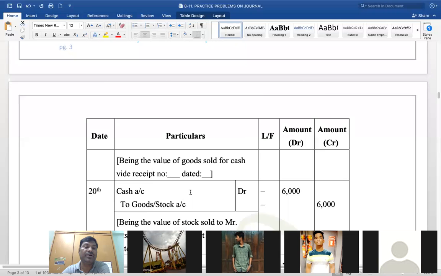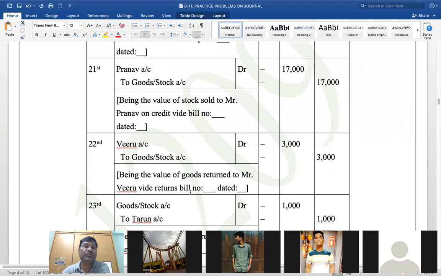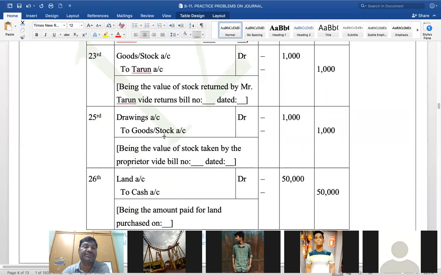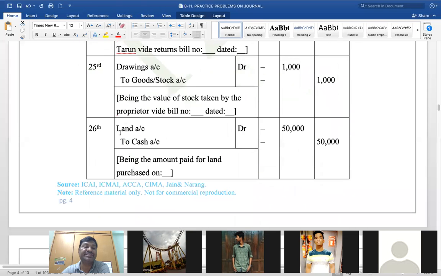20th is over. Next, 21st, there's no cash. 22nd also no cash. 23rd, no cash. 25th also no cash. 26th, there's a cash. Land account debit to cash account, 50,000.